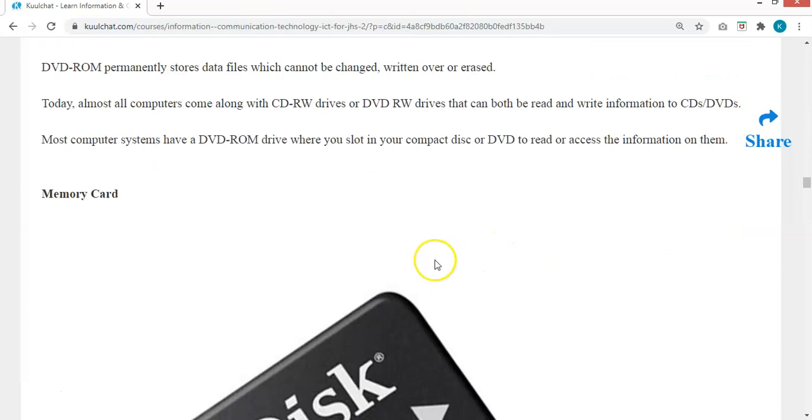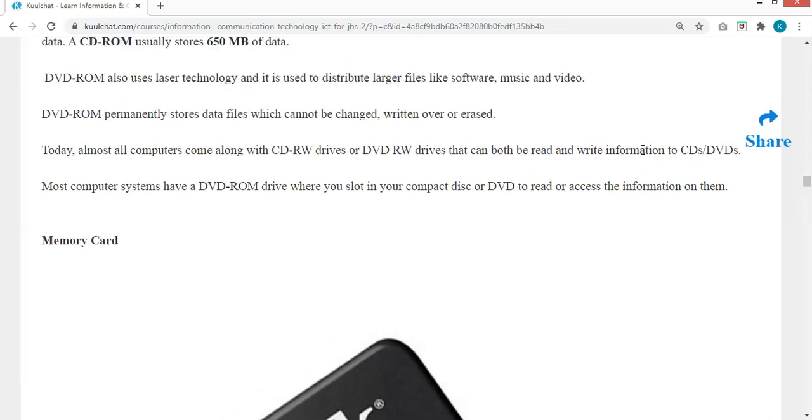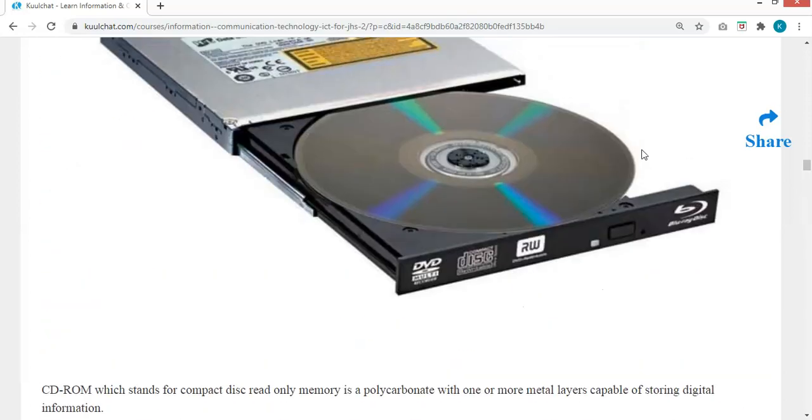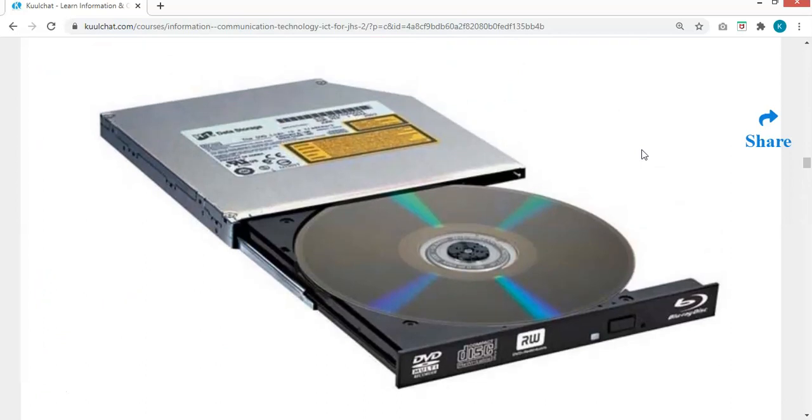Most computer systems have a DVD-ROM drive where you slot in your compact disc or DVD to read or access the information on them. Like I explained, we have the CD drive or the DVD drive over here. Once you press this button, the tray will come out. It will be ejected, so we call it ejection.